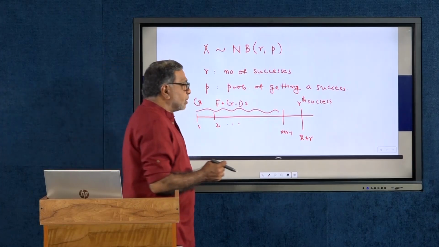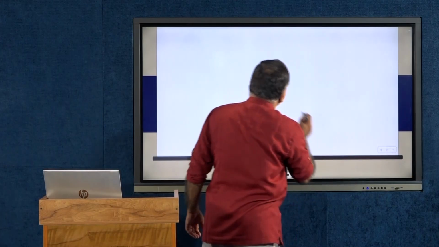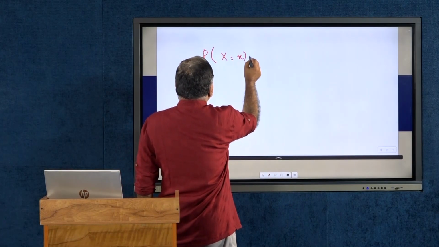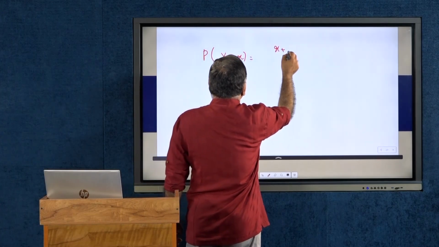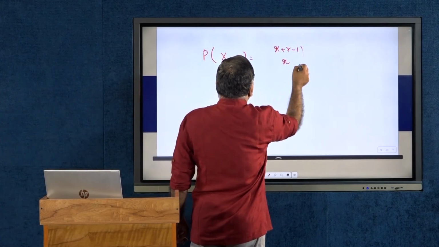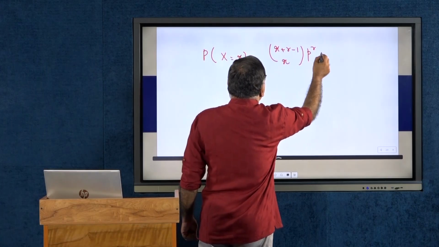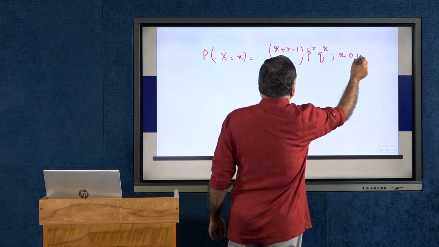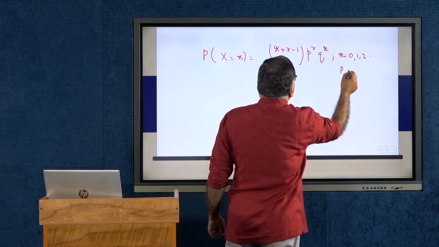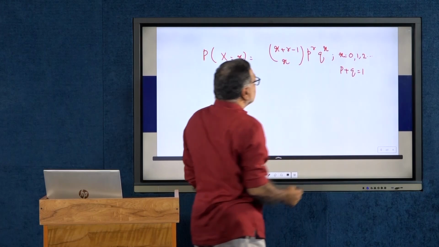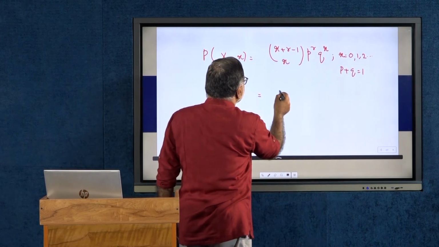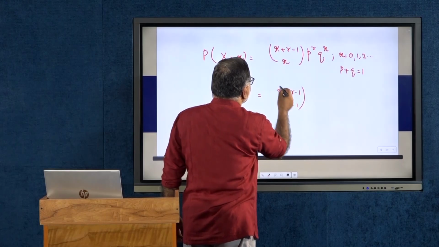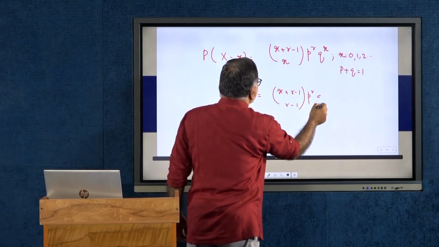So what is the probability mass function? That is, probability of X equal to x is x plus R minus 1 C x, p power r, q power x, where x is any value 0, 1, 2, etc., and p plus q is equal to 1. This is also represented in another form, x plus r minus 1 C r minus 1, p power r, q power x.